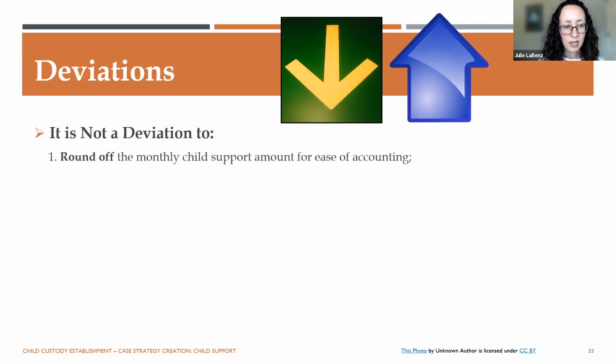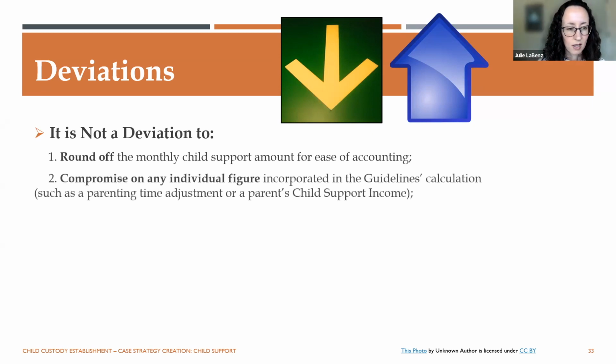And then just keep in mind, it is not a deviation to round off the monthly child support amount for ease of accounting. So if you're at $145 per month and you want to round up to $150 for ease, you can do that. Also, it's not a deviation to compromise on any individual figure in the guidelines calculation, such as parenting time adjustment.